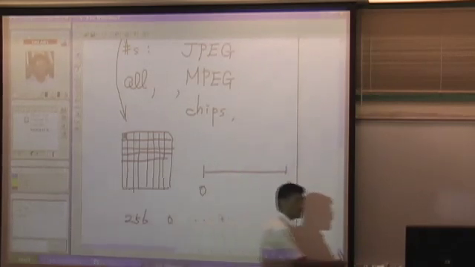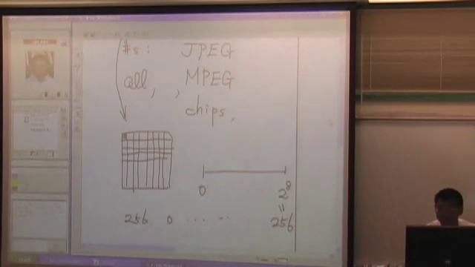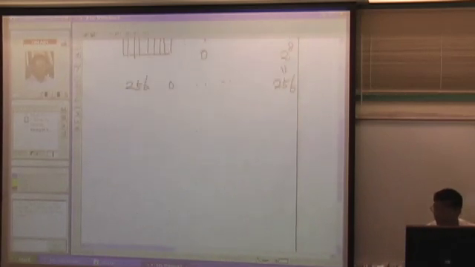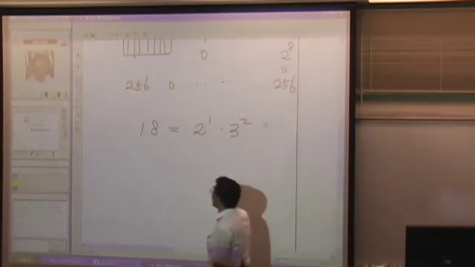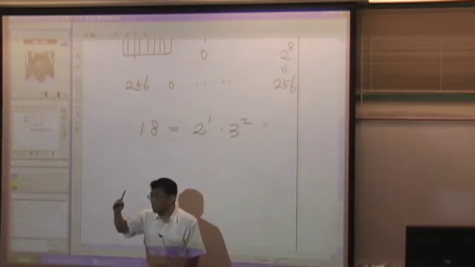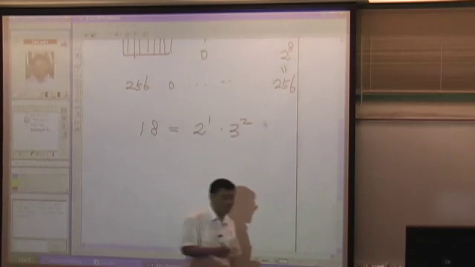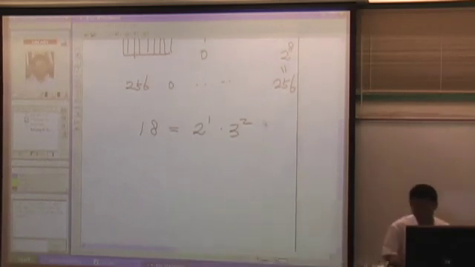Numbers satisfy the fundamental theorem of arithmetic, right? So assume that you have 18, then 18 equals 2 to the power of 1 multiplied by 3 to the power of 2, right? So we use primes to handle, especially instead of describing everything, one thing.